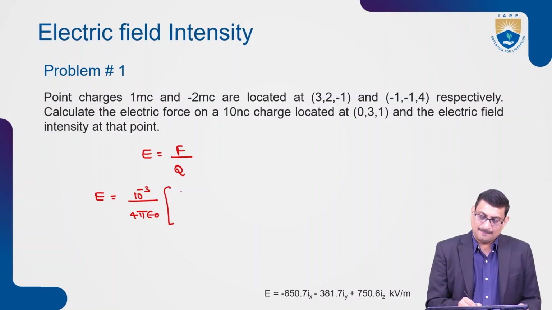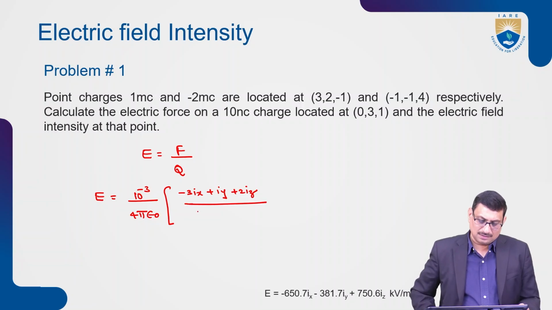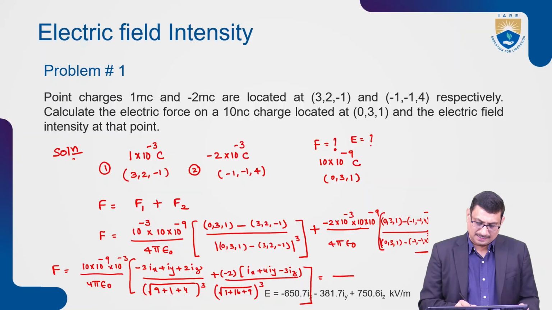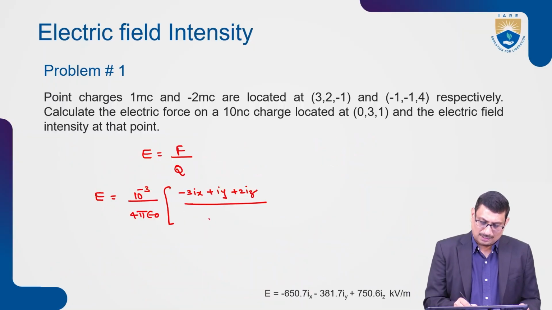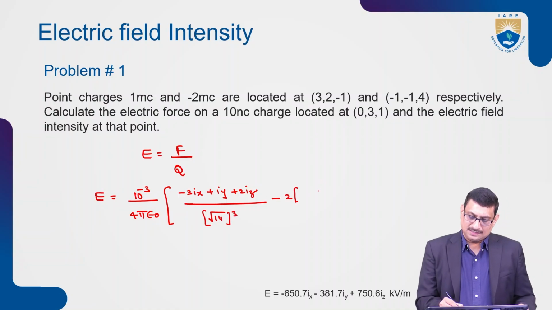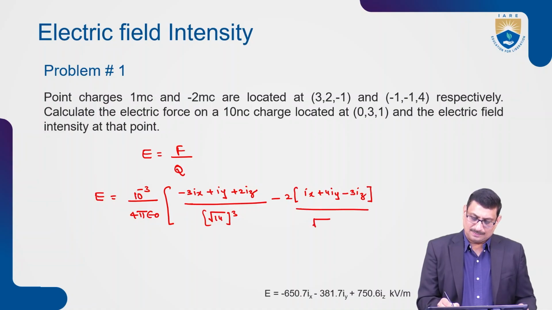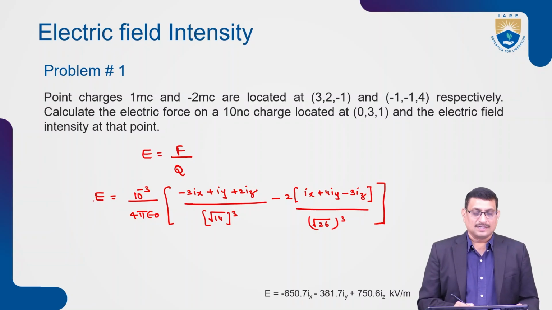So we may get minus 3 Ix plus Iy plus 2 Iz divided by square root of 9 plus 1 10, 10 plus 4 14, so under root of 14 whole cubed, minus 2 into the remaining, Ix plus 4 Iy minus 3 Iz divided by square root of 1 plus 4 16 plus 9 25, 26, whole power of 3. So this is the electric field intensity.